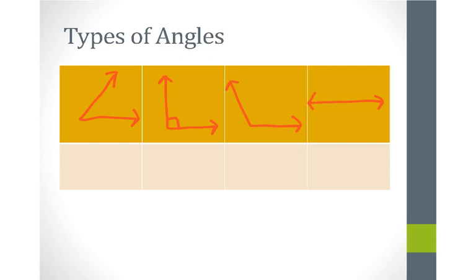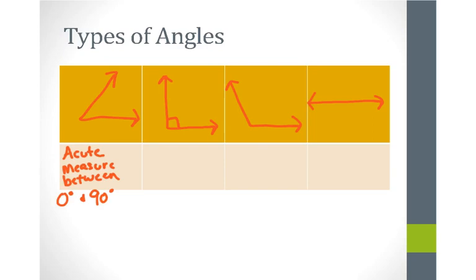So this first one here, what would that be considered? You said acute. You are correct. So that's an acute angle. What do you know about acute angles? So if you're telling me that they measure between 0 degrees and 90 degrees, you're correct.